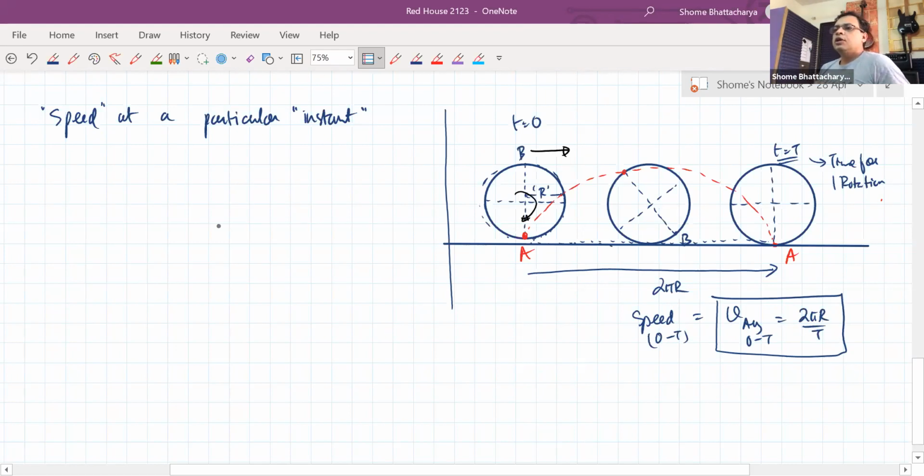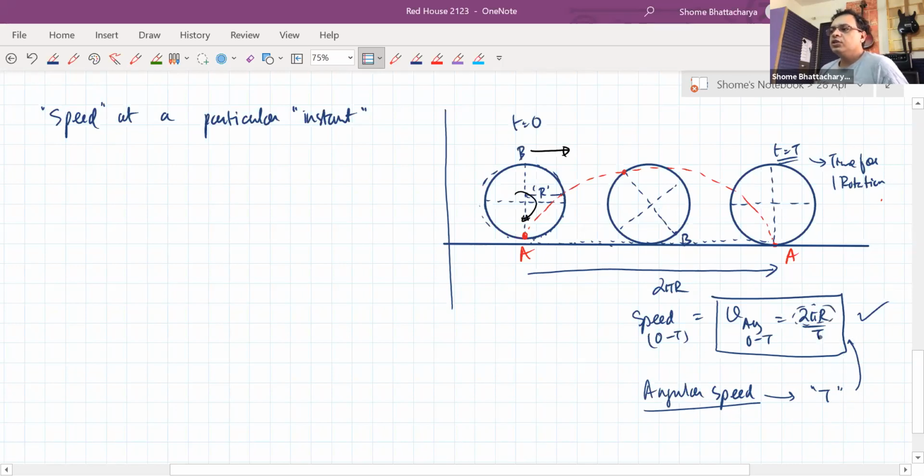Now if your speedometer is measuring the rate at which the wheel is rotating, it is measuring something called angular speed. We'll come back to angular speed later, but just understand that through angular speed it is able to measure capital T. If it can measure capital T, it can measure 2 pi r divided by T, because 2 pi r is a known quantity for the wheel.